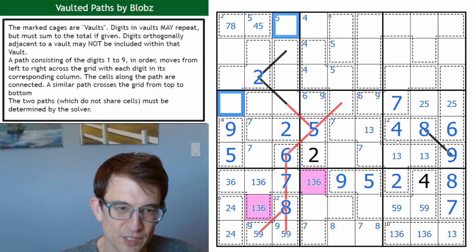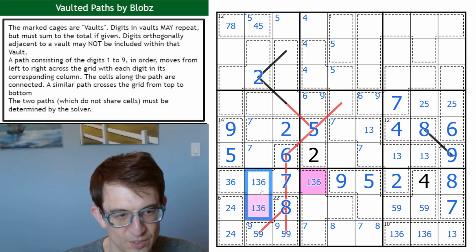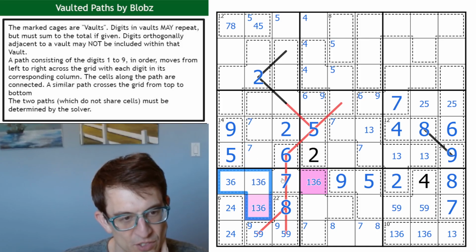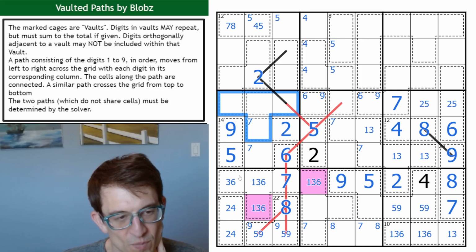Seems totally reasonable. Yeah, I don't know. 1 is not here because it's 1. Maybe that's it. 1 and 3 aren't in this cage, or are in this cage. So they can't be here or anywhere 6 is in this box. So 1 and 3 are both up here.